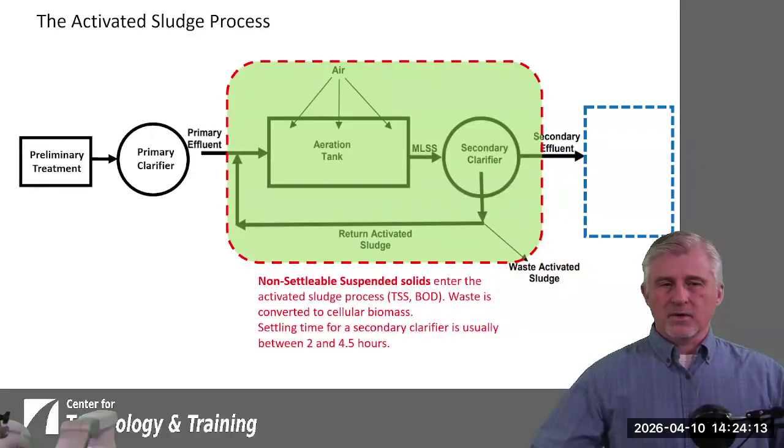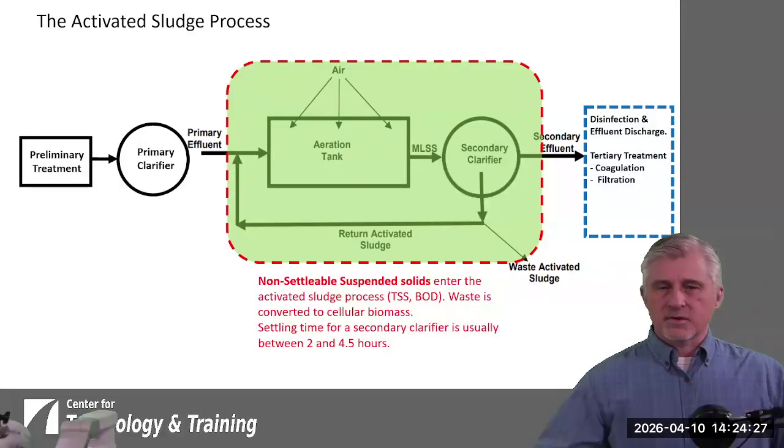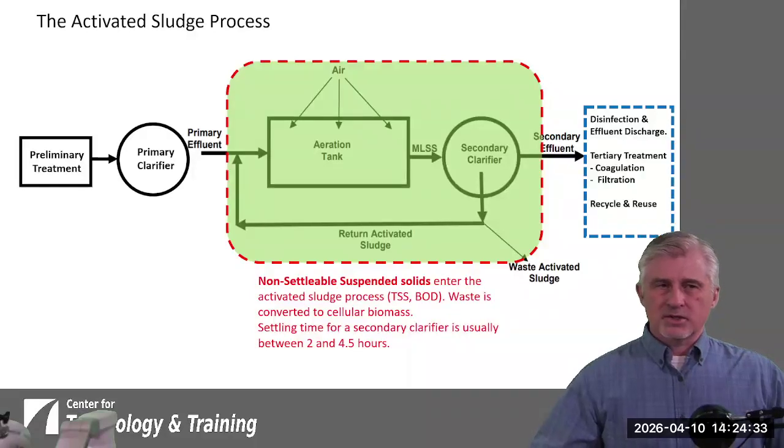From there, secondary effluent leaves, and we can do disinfection and discharge. We can do a tertiary treatment, coagulation, filtration. We can look into recycle and reuse. So that's in general the process that's involved with activated sludge.